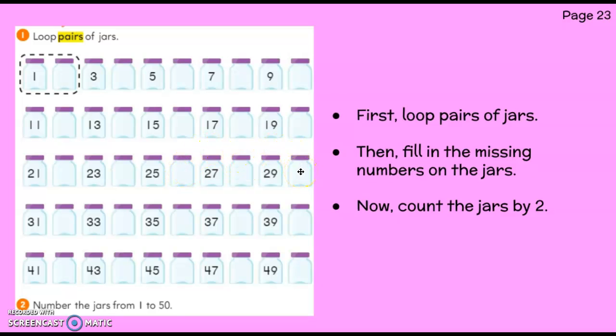Can you see why they call it skip counting? We're skipping over some of the numbers, right? 32, 34, 36, 38, 40, 42, 44, 46, 48, 50. All right.